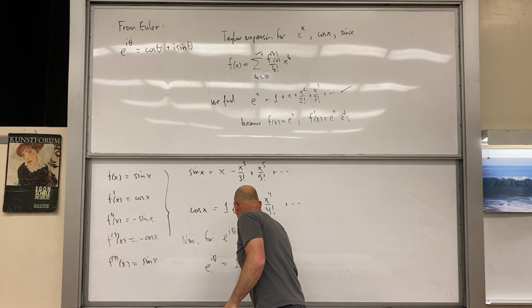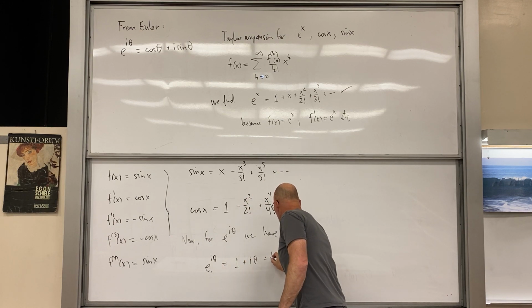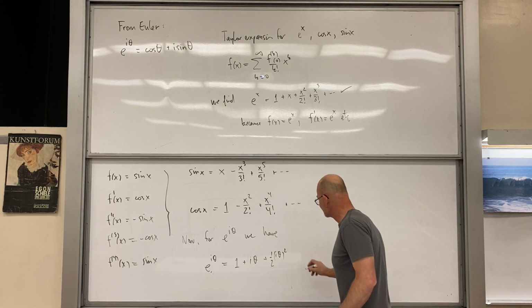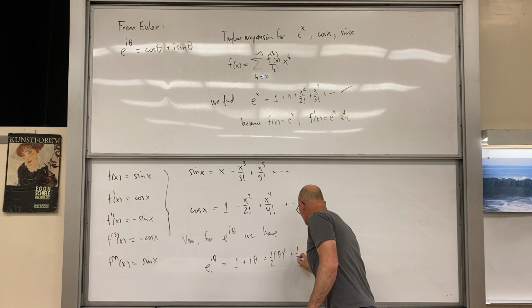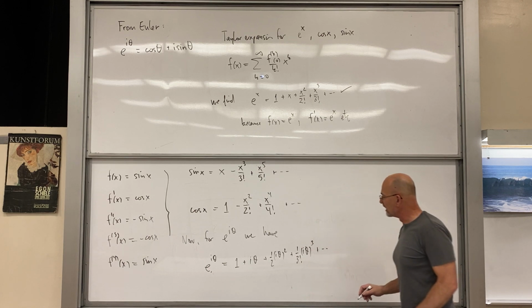So we have 1 plus i theta plus 1 over 2 factorial i theta squared plus 1 over 3 factorial i theta cubed, and so on.